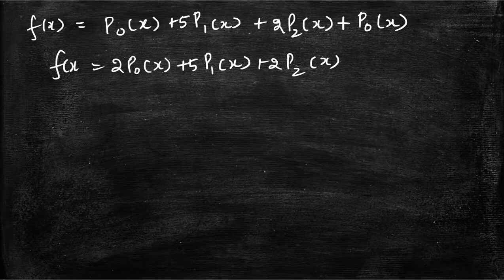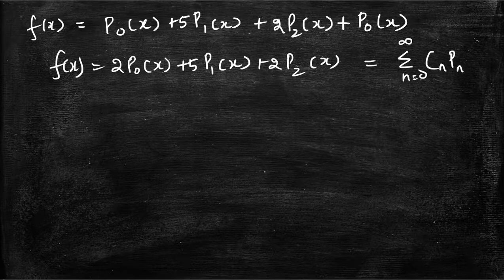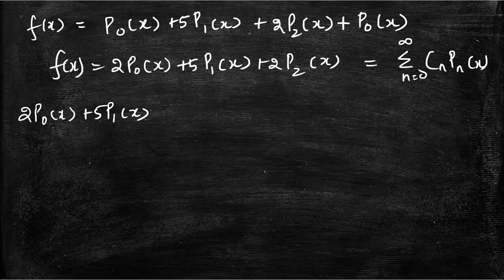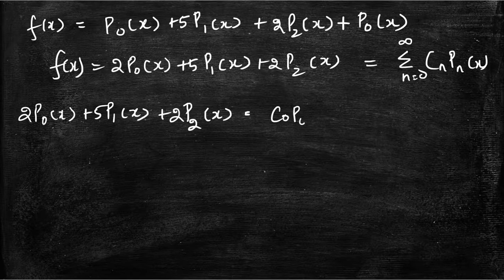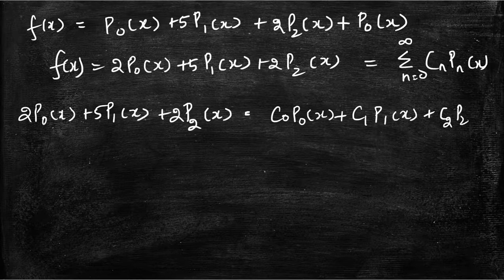This is equal to the function, and this function is also equal to summation n equal to 0 to infinity cn Pn of x. Now I'm going to expand this also. So 2P naught of x plus 5P1 of x plus 2P2 of x will equal c0 P0 of x plus c1 P1 of x plus c2 P2 of x, and so on.